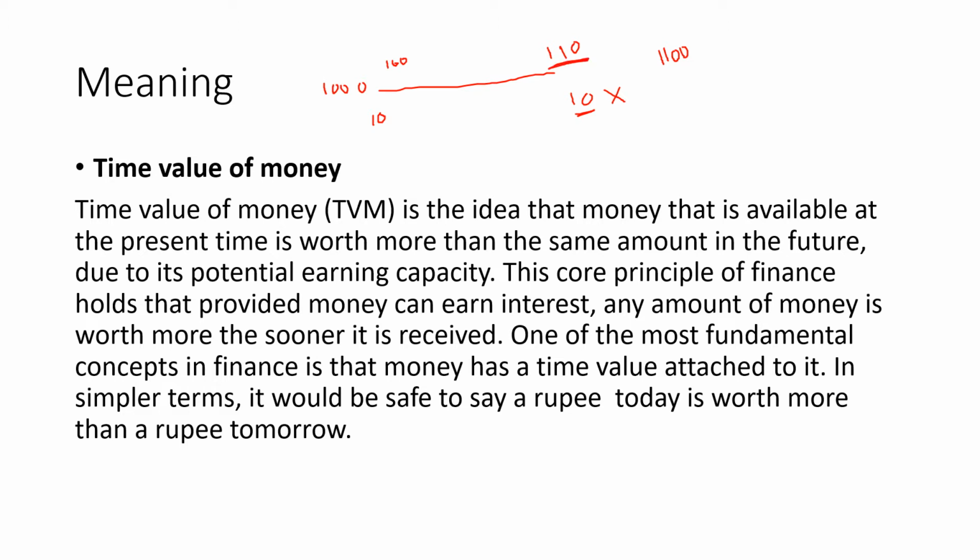It has increased, so 100 rupees have now become 110, because the value of money in the future keeps on decreasing. That's why today with 1000 rupees I can get 10 kg of rice, but after 1 year I cannot get 10 kg of rice with that 1000 rupees. So this is inflation.